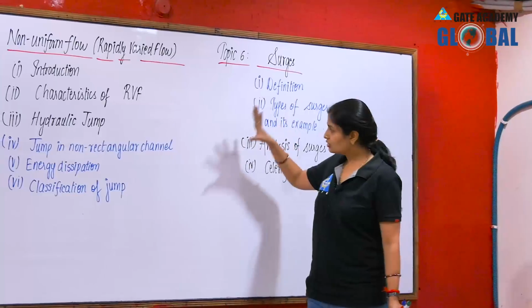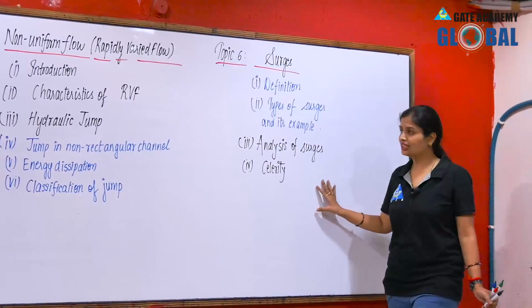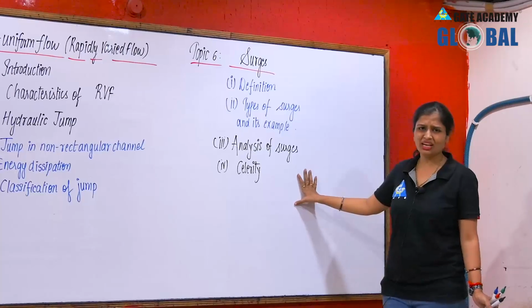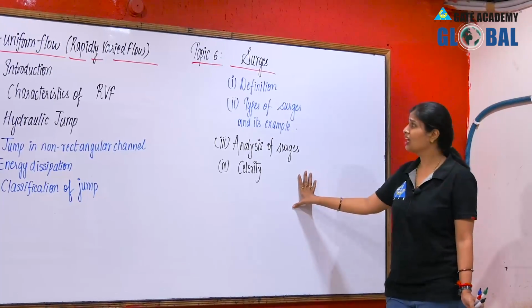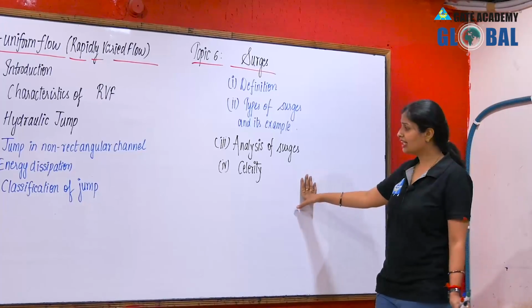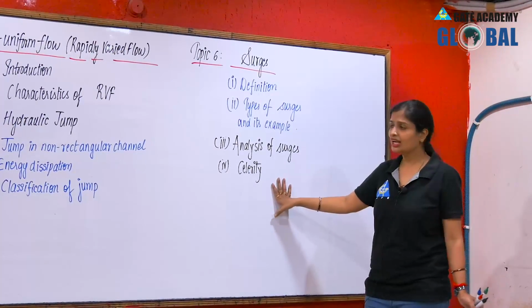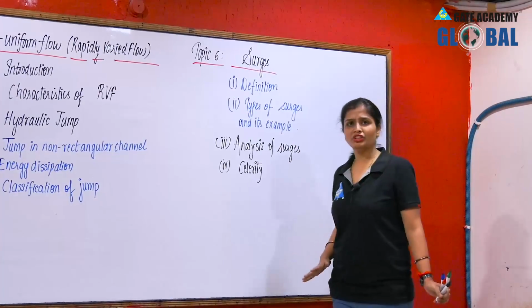Fine. So this topic is not so important. Till now, not many questions have been asked, hardly 1 or 2, almost negligible questions have been asked on this topic. Fine. Celerity based questions sometimes do come, so this topic is important, and analysis of surges also we will be studying.